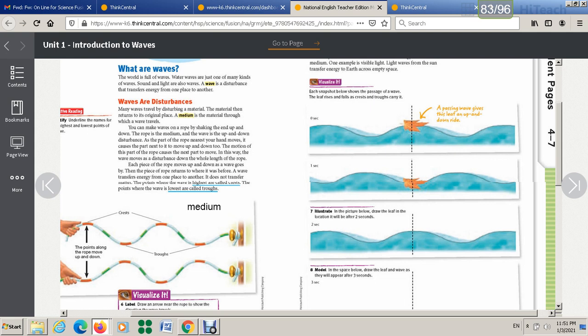Then the piece of rope returns to where it was before. If it was up, then it will go down, and it will go back as it was before, right?